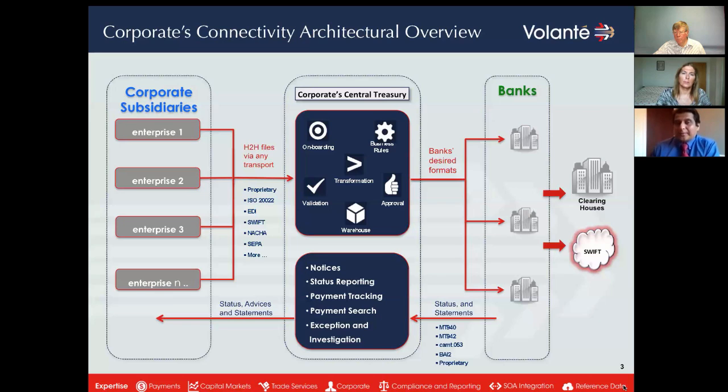Now that client is pretty much driving a whole lot of this implementation, and we have some very good requirements out of them for the model that they wish to have. Their intention is to reconcile the 300 banking relationships into about 30. So that implementation is right under discussion and in progress as we speak.